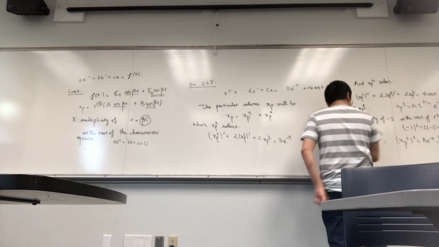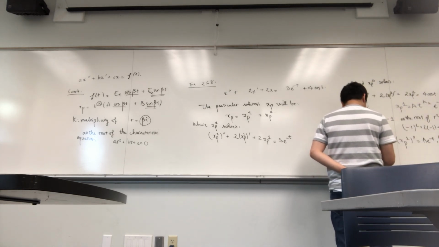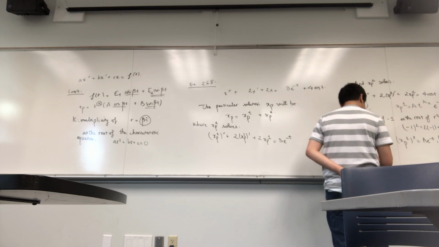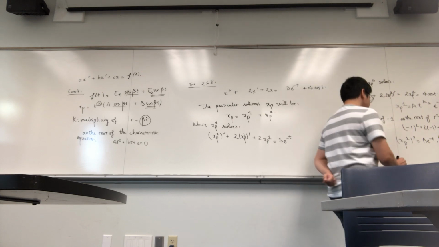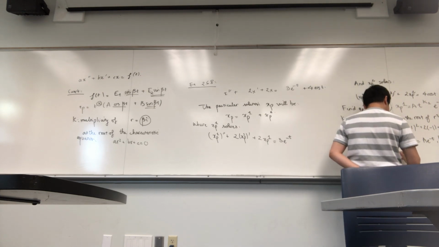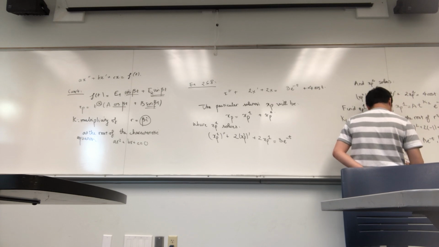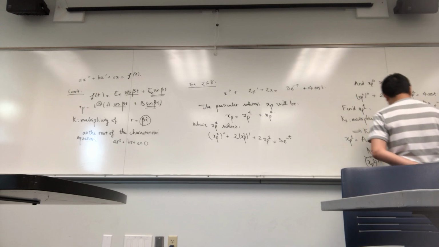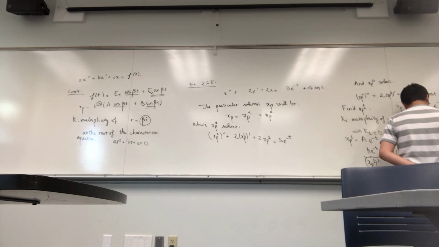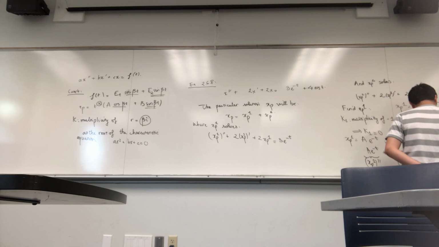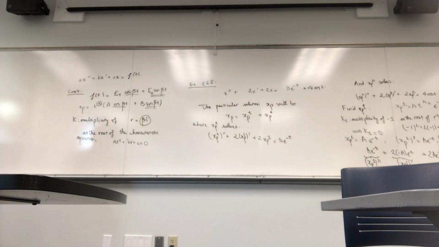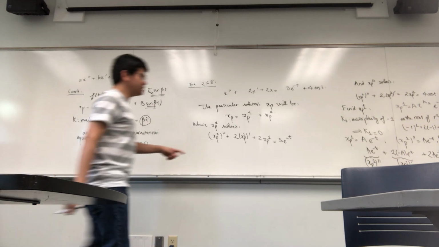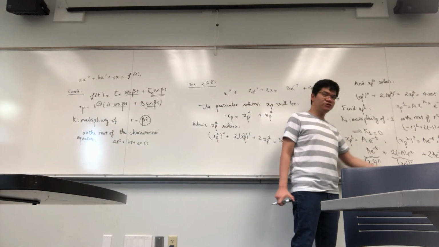So you plug it over there, and you have a e to the power minus t, which is xp1 second, plus 2 times minus a e to the power minus t, which is xp1 prime, plus 2 times a e to the power minus t, and this equals 3e to the power minus t. All right?